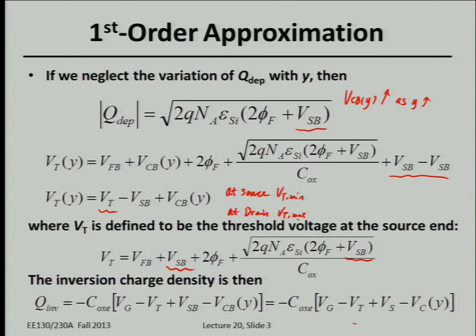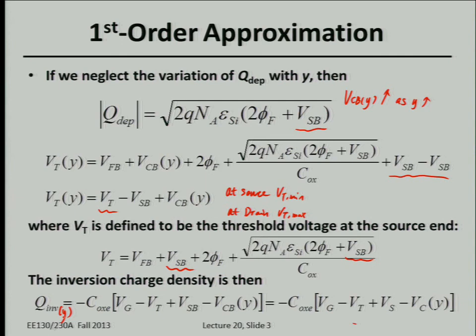Okay, so right now, if we want to re-express the inversion charge concentration, we just plug in this term. We make the inversion charge concentration a function of y, depending on which position you look into.